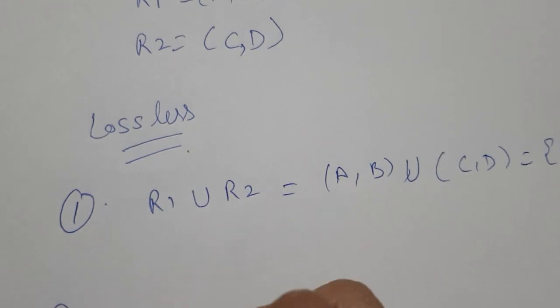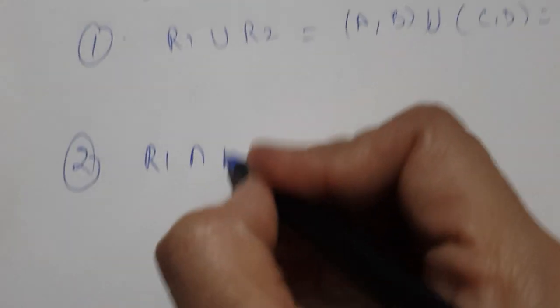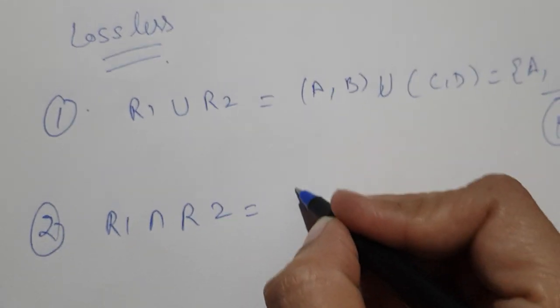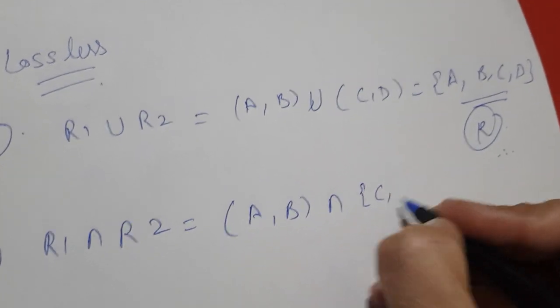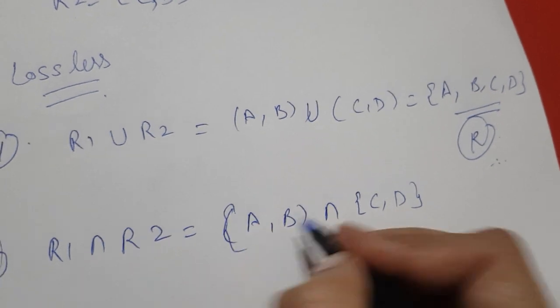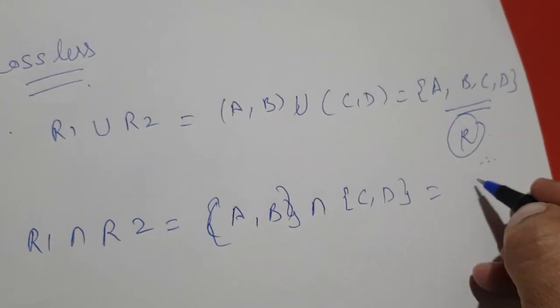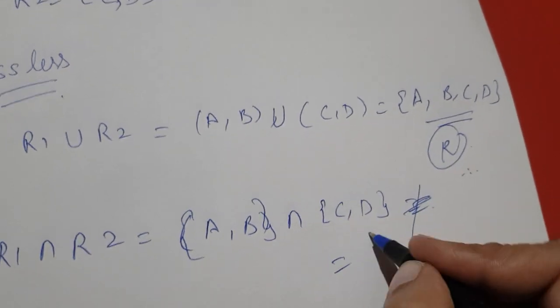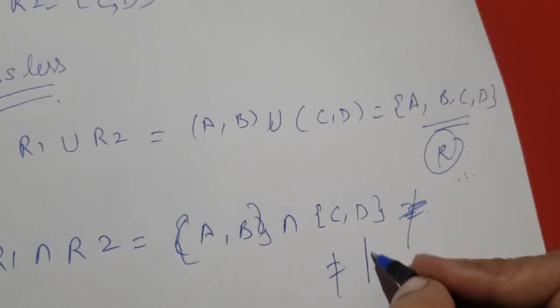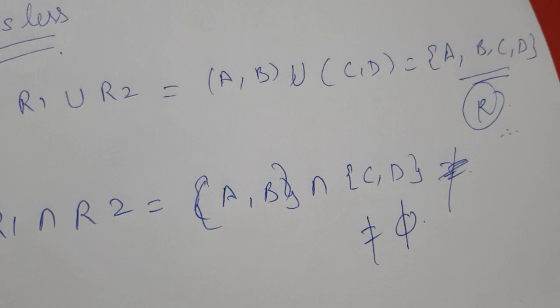Let us check the second one, which says R1 intersection R2. When we perform A, B intersection C, D, we get nothing in common, so it is not equal to empty set, the condition is not satisfied. What was the condition?